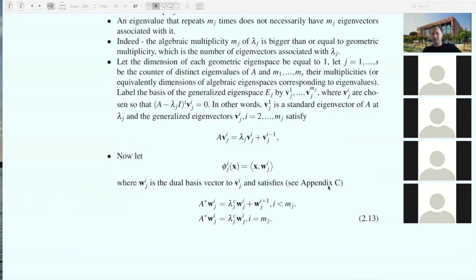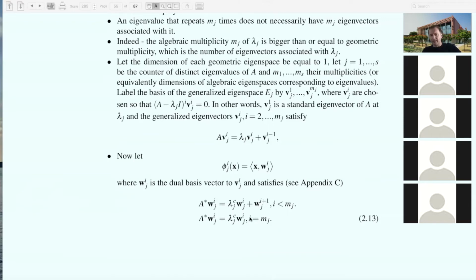That can be derived to satisfy A star wji is lambda j complex conjugate wji, so the complex conjugate of this eigenvalue comes in like before. But then we have plus wj i plus 1. So note the eigenvectors in the hierarchy satisfy this equation where vj i minus 1 is featured, while the dual eigenvectors feature wj i plus 1 in the equation that they satisfy.